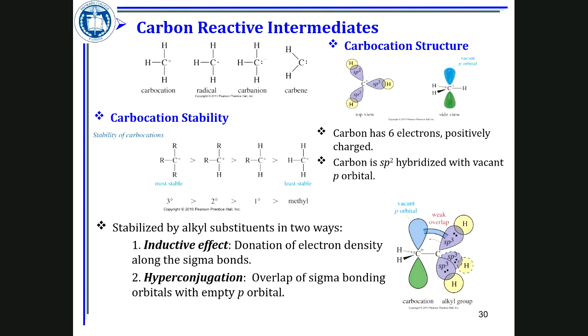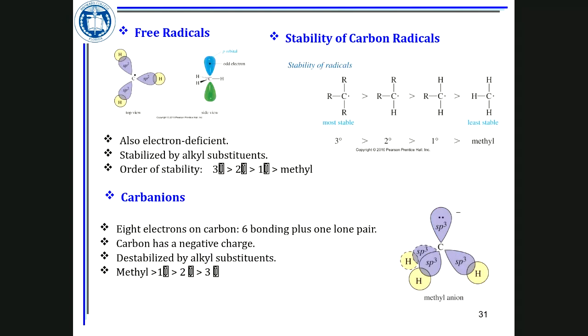So tertiary is more stable than secondary, secondary more than primary, and primary more than methyl carbocation. Stability of free radical is the same: tertiary greater than secondary, greater than primary, greater than methyl.